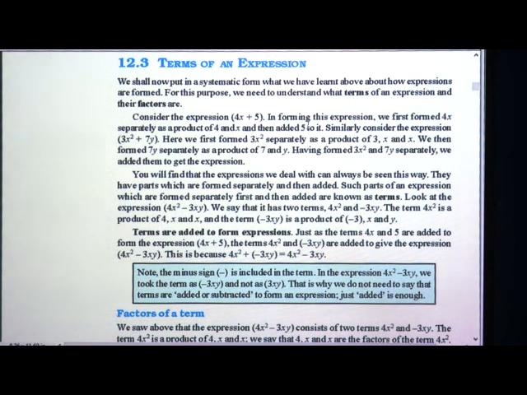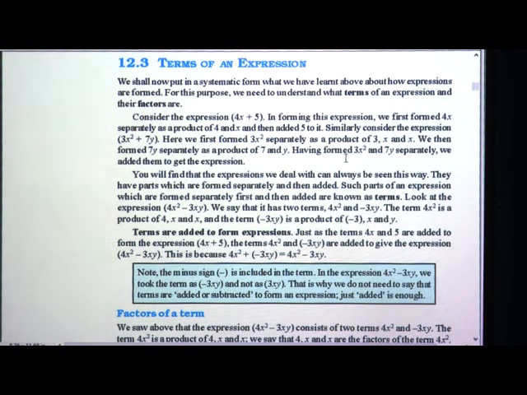In forming this expression, we first formed 4x separately as a product of 4 and x, and then added 5 to it. Similarly, considering another expression, we formed 7y separately as a product of 7 and y.